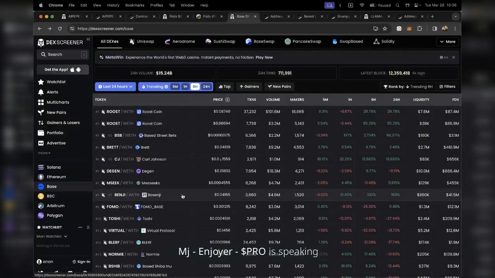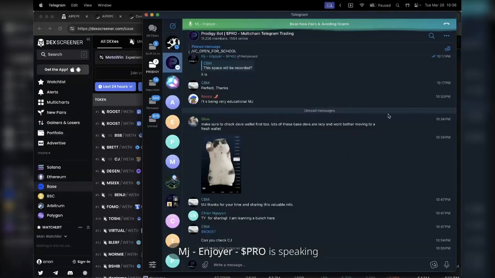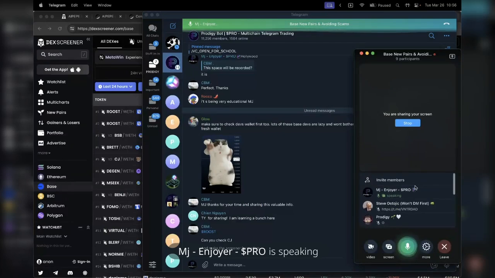You want to find something that has had a history of trading where people are buying and selling and not necessarily sniping. You also don't want to copy trade a sniper necessarily, because snipers will snipe 20 coins for 0.1 or 0.01. And sure, they'll cash out an ETH out of that, but they'll also have lost on 9 coins in a row. And if you're copy trading for $20 and you have $100 in there, right?